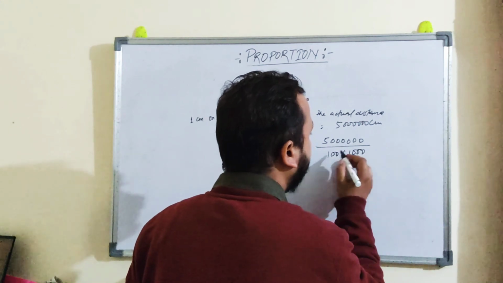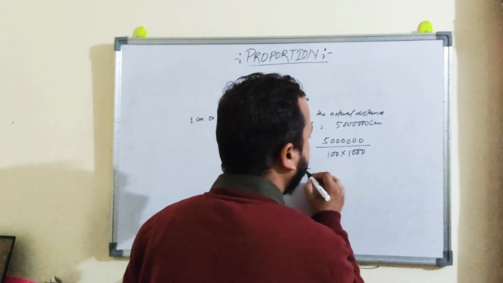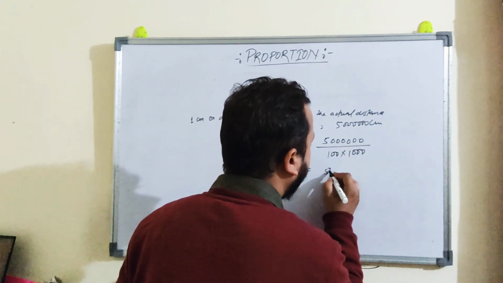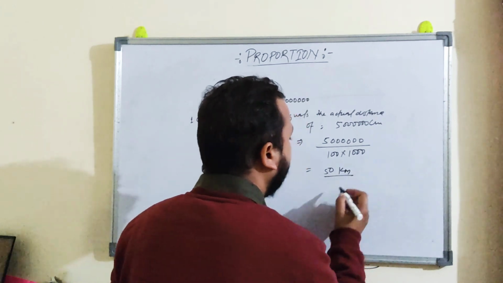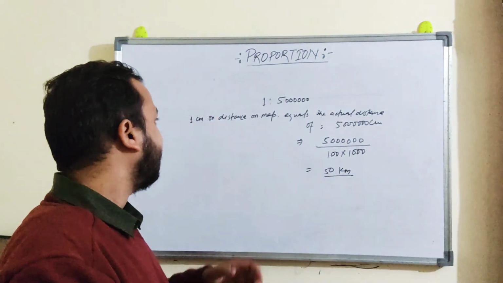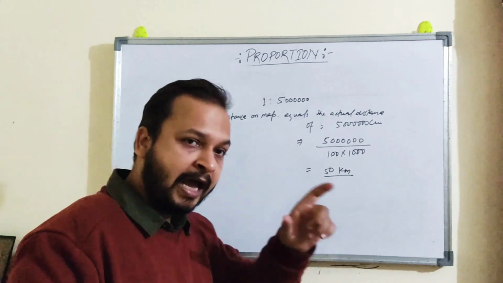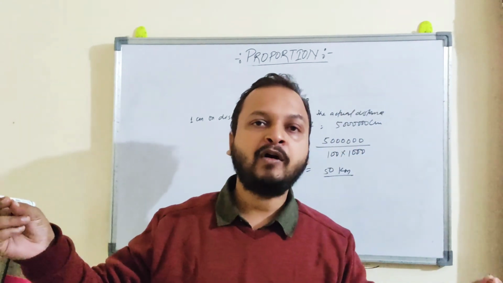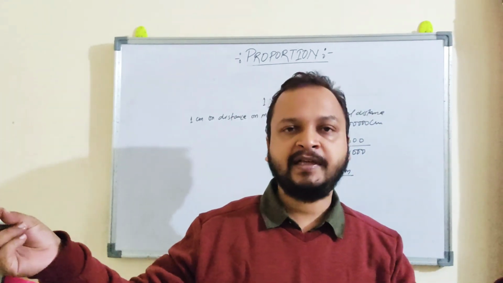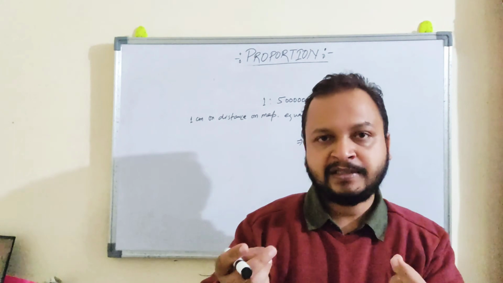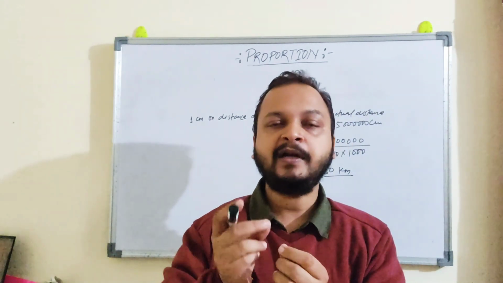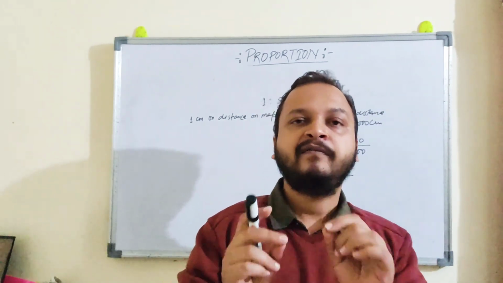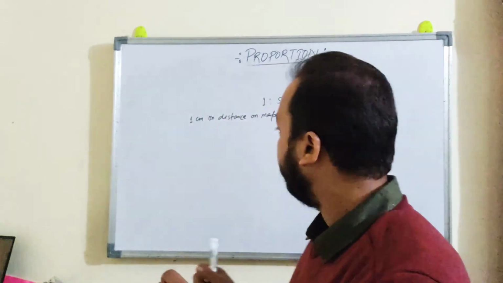So there are 5 zeros, you can just cancel them out and you are left with 50. So 1 centimeter distance apart on map equals 50 kilometer actual distance, right? If town A and town B are on the map 1 centimeter apart, it means actually they are 50 kilometer apart.